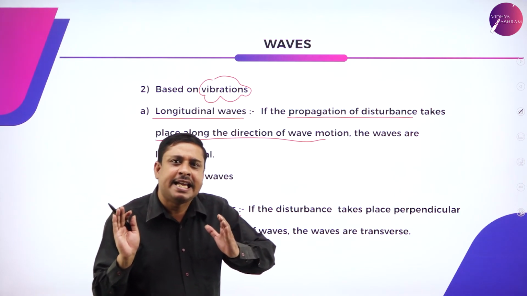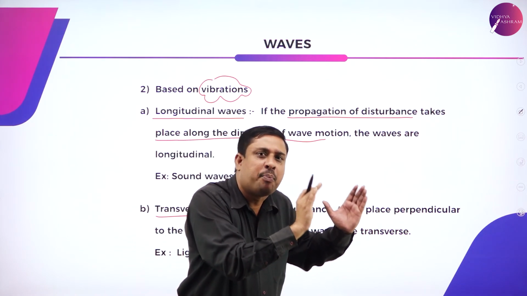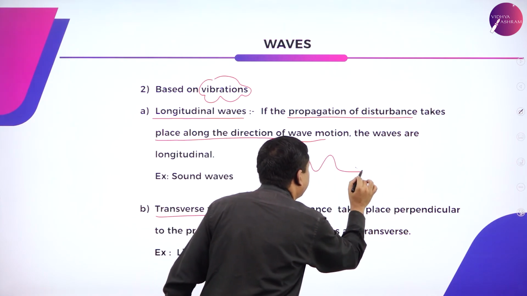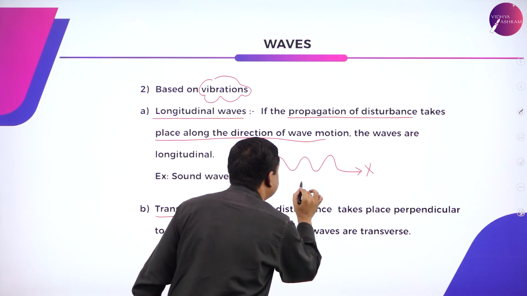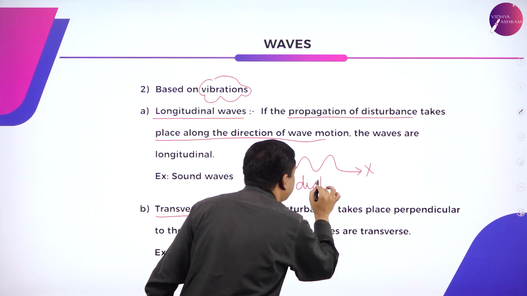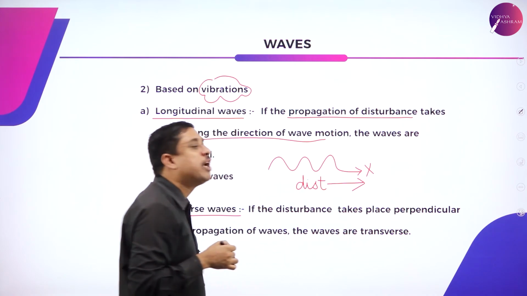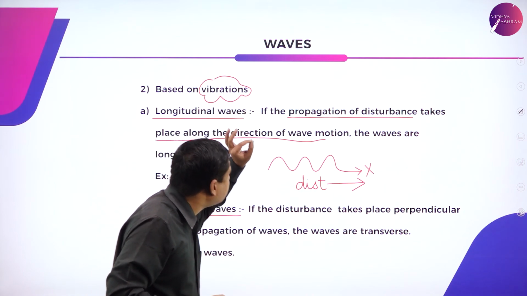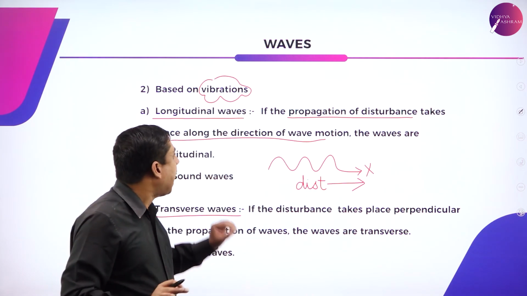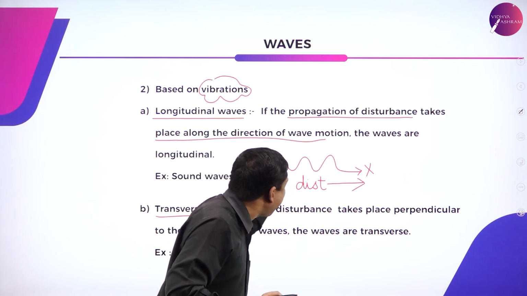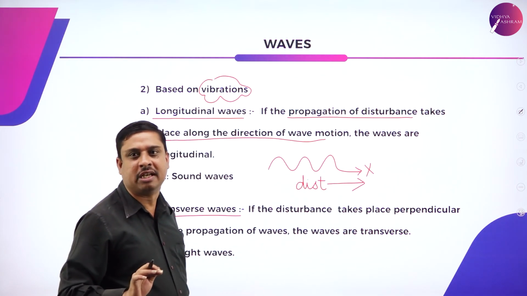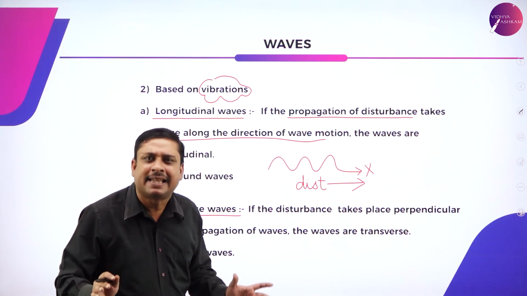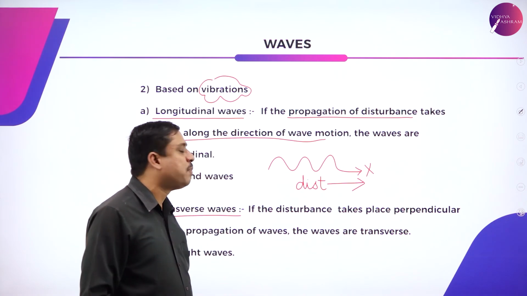In whichever direction the wave is propagating, for example, if the wave propagates along the x-axis, the disturbance of the particles is also in the same direction. So if the propagation of the disturbance happens in the same direction as wave motion, they are called longitudinal waves. They are mechanical waves, for example, sound waves.